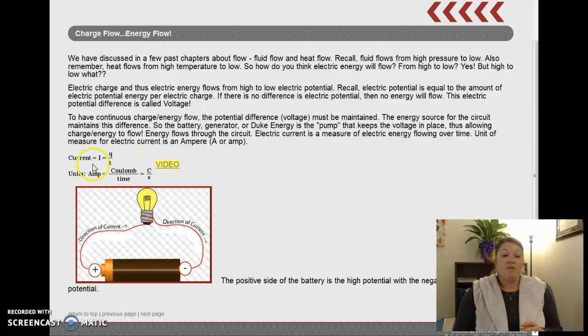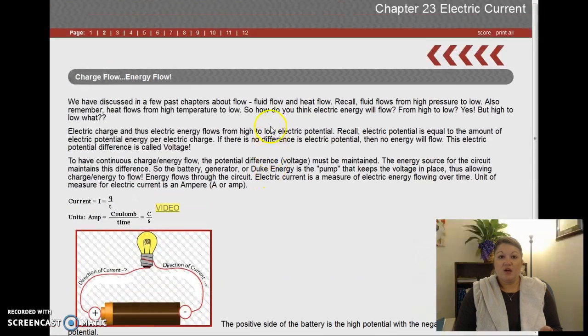We measure current in amperes, abbreviated amp, or sometimes just an A, and that is charge, measured in coulombs, over time, in seconds. So a coulomb per second gives you an amp. There's a little video for you right there to help you with that.